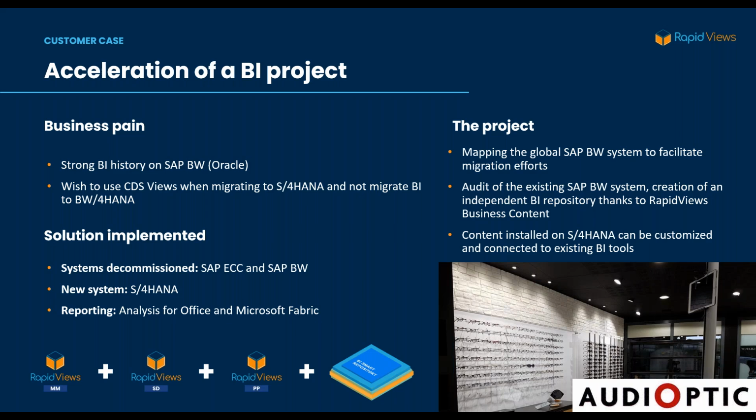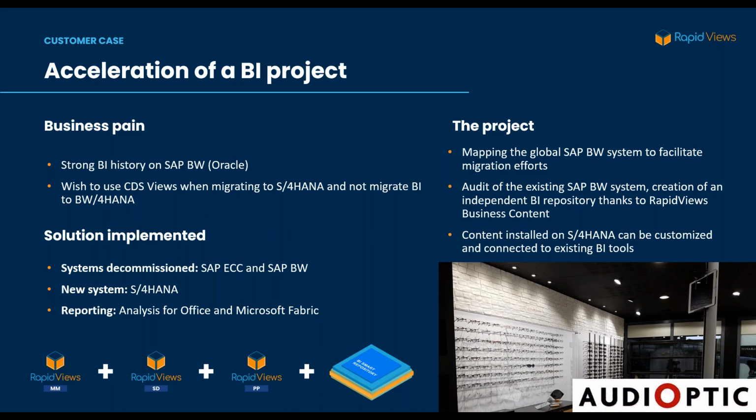So in S/4HANA, you have a technology that is named the CDS view that permits you to create the models and then export the data pre-modelized to go then, in this case, Audioptic, they used Analysis for Office and also MicroStrategy.